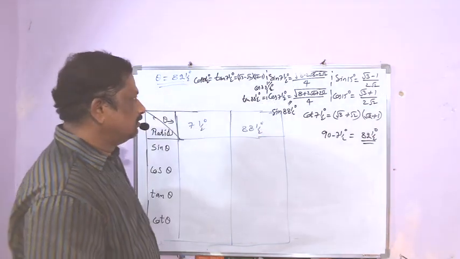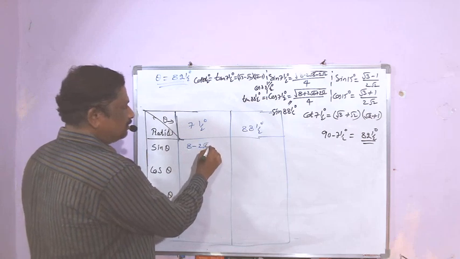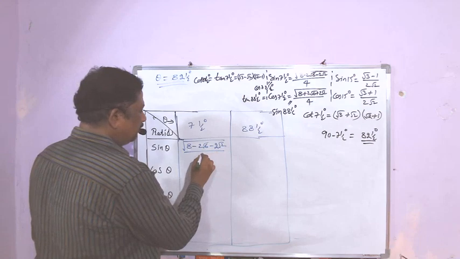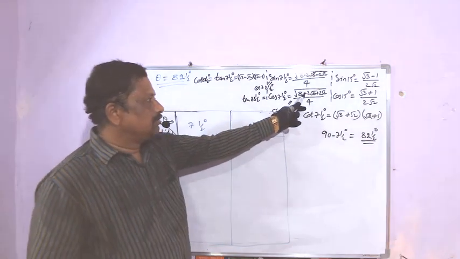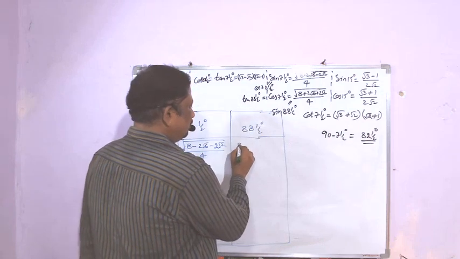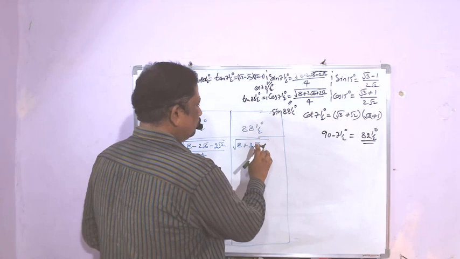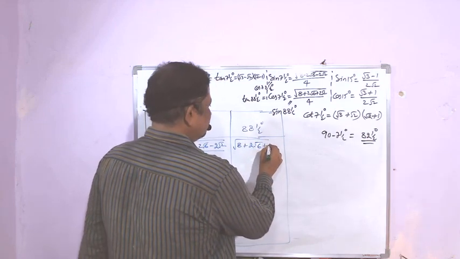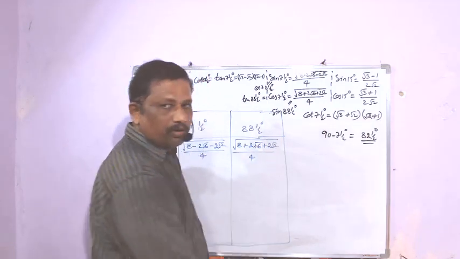Already we got that: under root 8 minus 2 root 6 minus 2 root 2, whole divided by 4. Next, sin 82.5 degrees: under root 8 plus 2 root 6 plus 2 root 2, whole divided by 4.